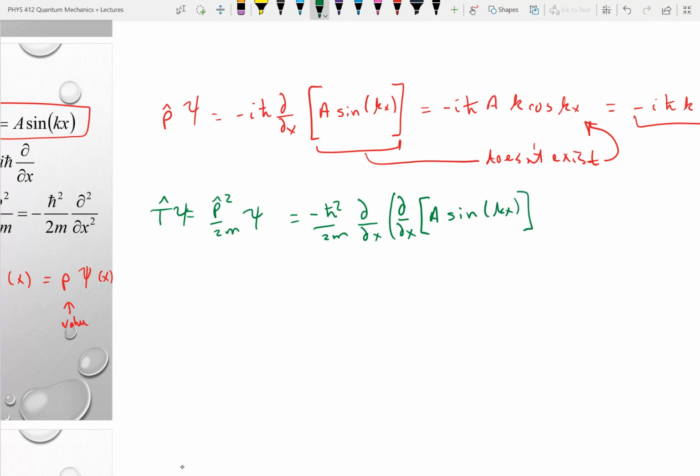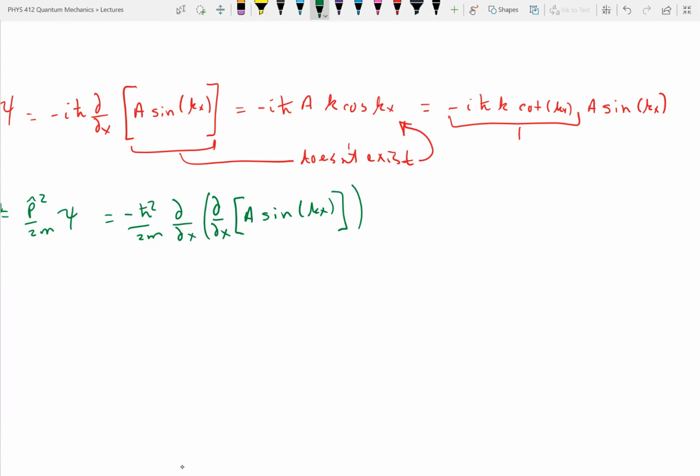Now I got a little gruesome in putting the second derivative. The second derivative is the derivative of the derivative, which is actually how you get there when you have the momentum operator squared. So now if I do the second derivative of sine kx, let's put out the constants first. The second derivative of sine kx is k squared times minus sine of kx.